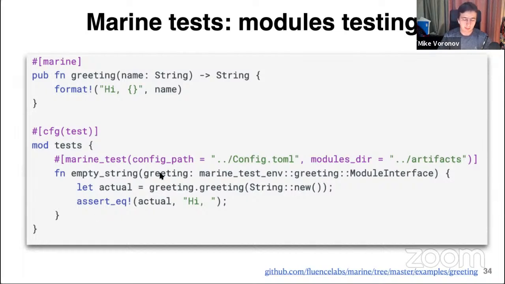The benefit of such an approach is that it provides you a way to test as close to how it runs in the wild as possible, because, for example, if you compile to WebAssembly, then the result could be subtly different.